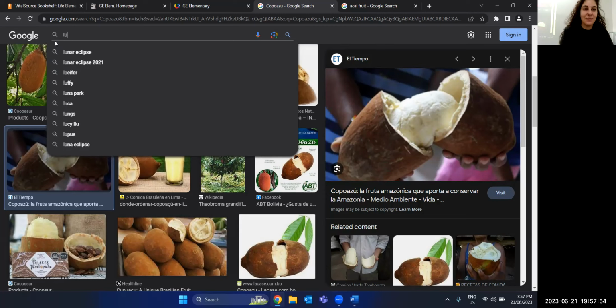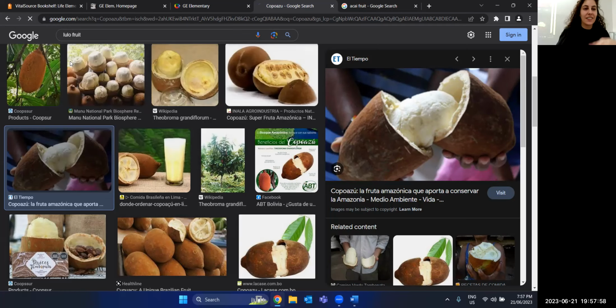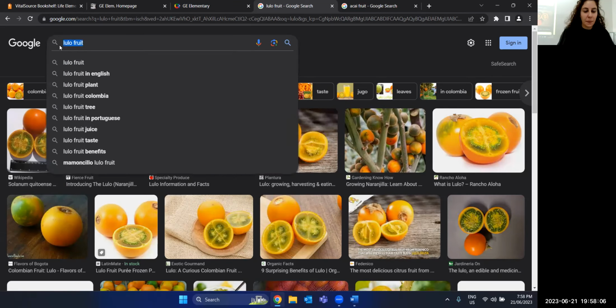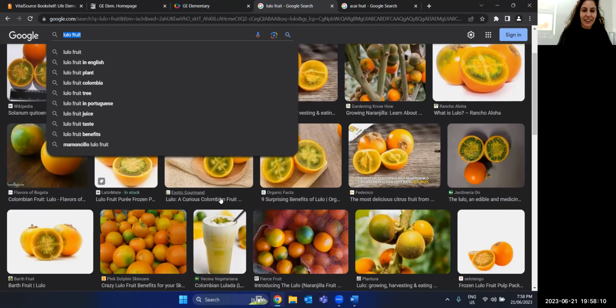L-U? Is it a fruit? Oh, nice. Is it sweet or sour? Very acidic? Lulu, a Colombian fruit. Oh, that would be so nice on hot summer days. I would love to try this.